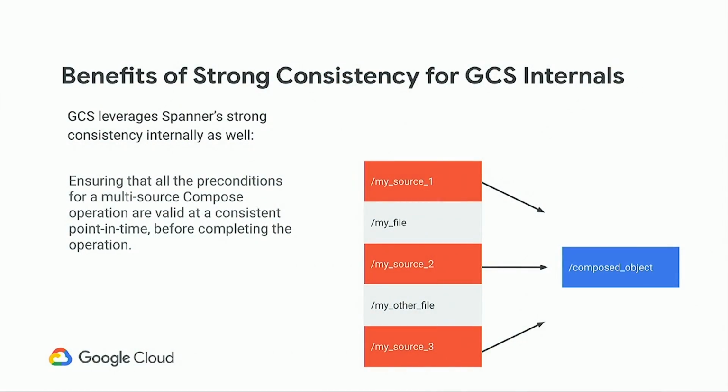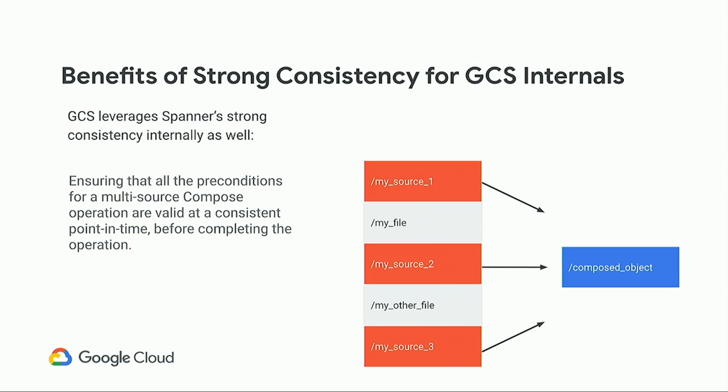But compose also offers what's called preconditions, which means that for each of the source objects that you specify, you can specify that the operation should only execute if certain preconditions are met. For instance, the objects have to match a particular generation in order for the operation to complete.